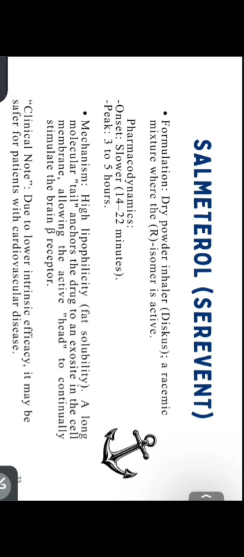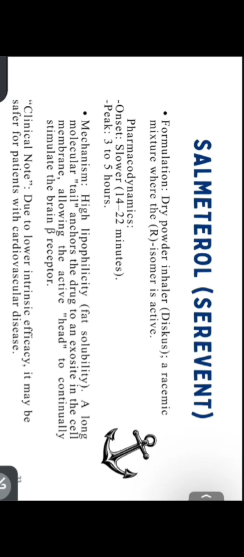And its mechanism is high lipophilicity, or fat solubility. A long molecular tail anchors the drug to an exosite in the cell membrane, allowing the active head to continually stimulate the beta receptor.